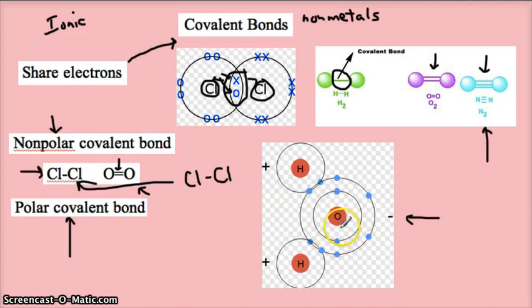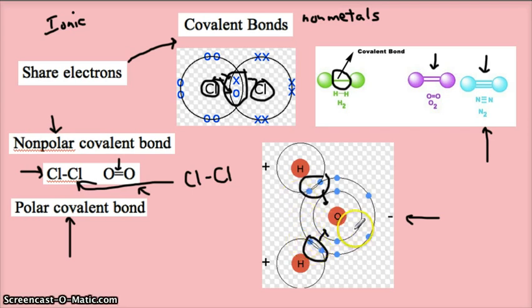So here you have a larger nucleus here. So these shared electrons are going to be more attracted here, and these shared electrons are going to be more attracted here. Now keep in mind, that gives you a little bit of a charge.